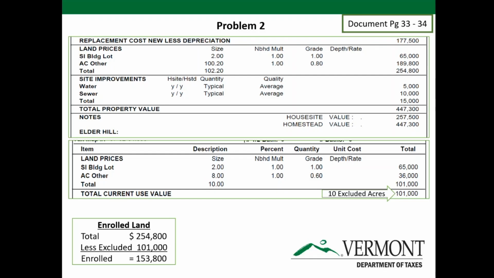So that leaves us with a remaining number of $153,800 for our enrolled land. Now here's the leap of faith. You don't see that number anywhere, right? That's because according to statute, we have to value excluded land, and then the mathematical remainder is what's attributed to the enrolled.